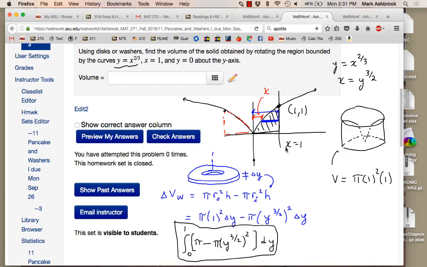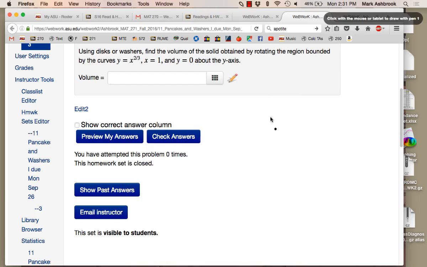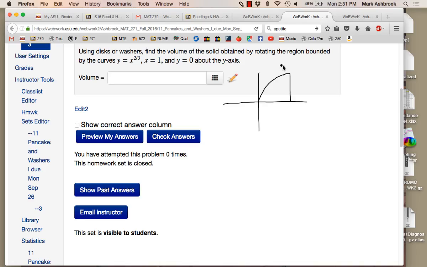So we're going to do this example again, but instead of picking the horizontal slices, we're going to pick vertical slices. So I'll redraw this. Same example. So we got x equals 1.